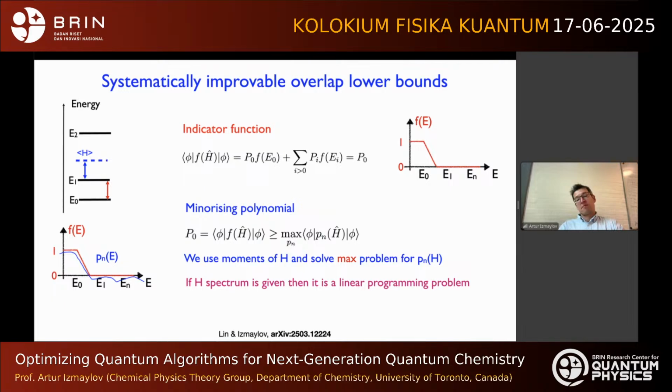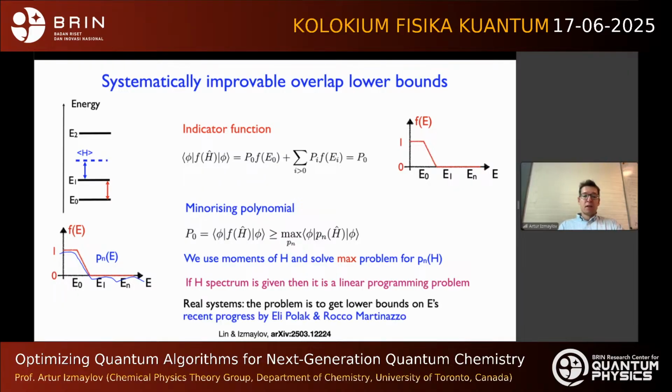But of course, there's a chicken and egg problem because we don't have the spectrum of the Hamiltonian. So what do we do then? Well, in real systems, we just need to know upper and lower bounds on energies in order to implement this. And there's nice work by Eli Pollak and Rocco Martinazzo recently about finding lower bounds for the eigenstates.